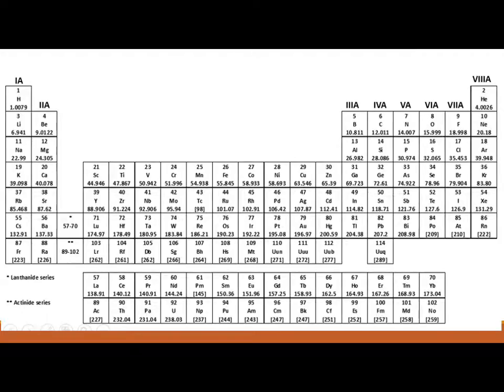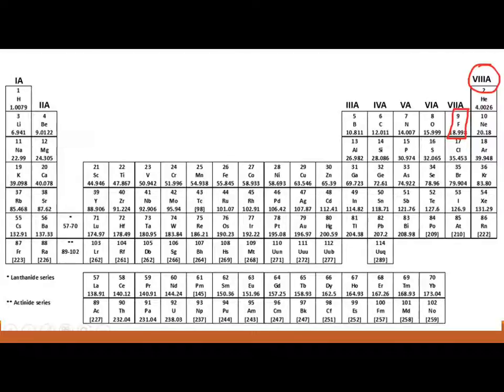So let's take a look at what this means, see if we can figure out what kind of ions these different elements will like to form. All right, so remember that they want to become like the noble gases over here in column 8A. So let's take a look at something like fluorine. Okay, fluorine has 7 valence electrons, right? So what it will do is it will gain 1 electron in order to become like the noble gases, so it can have 8 valence electrons.